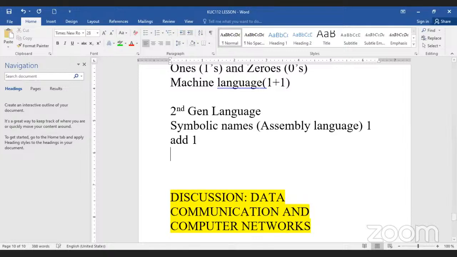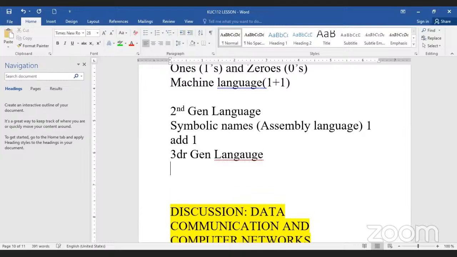Then when it comes to third generation language, there was improvement in the language, and this language was much more human readable language.